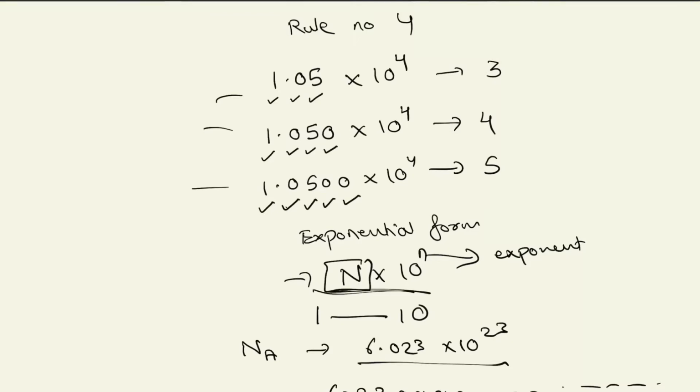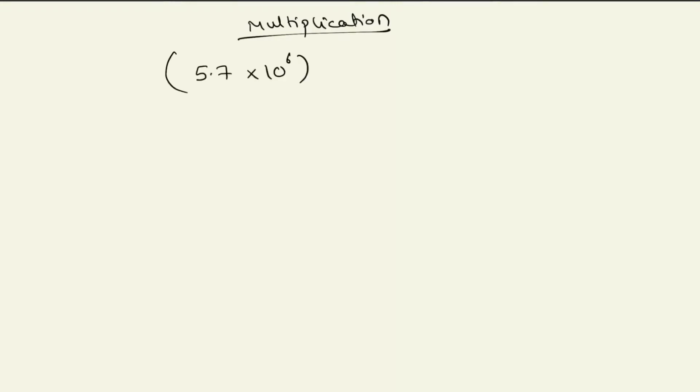Now let us see how these numbers which are mentioned in the exponential form, how are we doing multiplication or division, these kinds of operations, how are they done on the exponential numbers. Let's suppose first we talk of multiplication, and we are taking two numbers expressed in the exponential form, 5.7 into 10 to the power 6, and we are multiplying this number with 4.2 into 10 to the power 5.